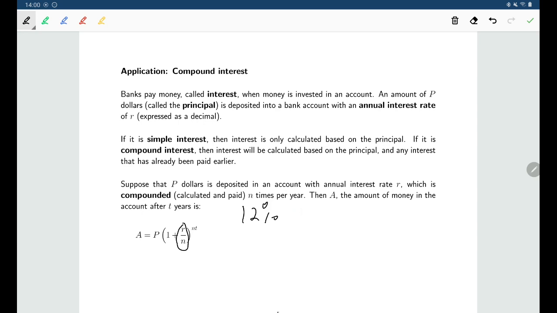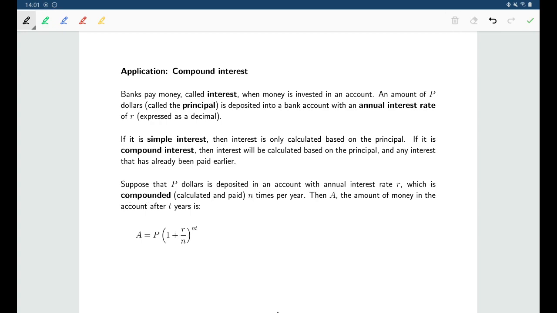But then when they tell you how often it's compounded, that's telling you how that 12% will be split up. So for example, if they're giving you 12% and compounding it only annually, then you'll get that 12% all in one piece. But if they give you interest monthly, they're not going to be giving you 12% every month. They're going to be giving you 1% every month, and over an entire year that would add up to the 12%.